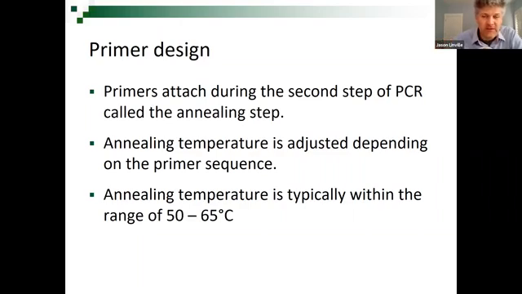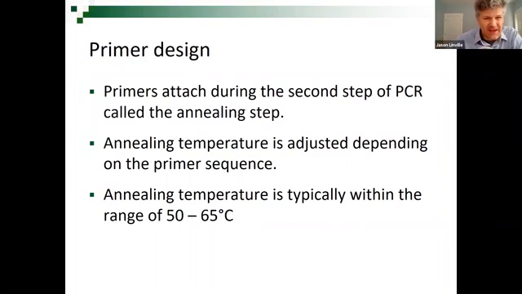If I'm amplifying an STR location, I may want to set my annealing temperature at 62 degrees. But if I'm amplifying the cytochrome oxidase gene in flies for some reason, I may want to set it at 55 degrees, because I'm using a different primer set.